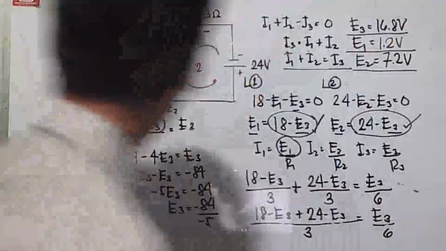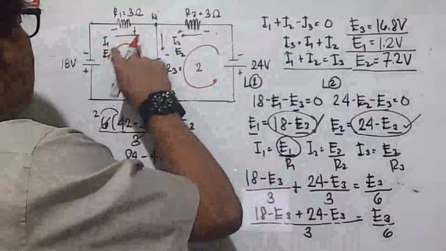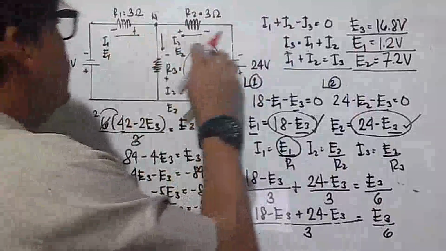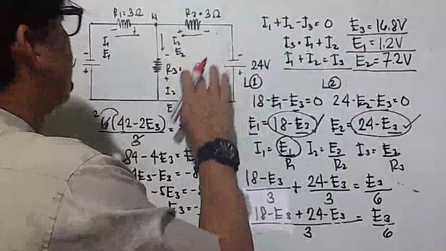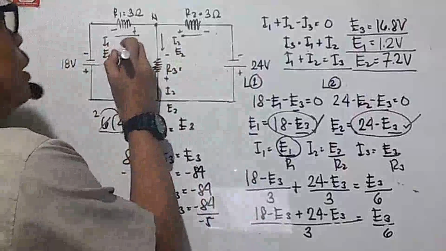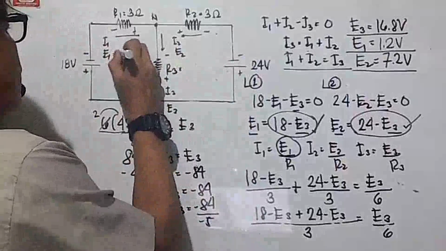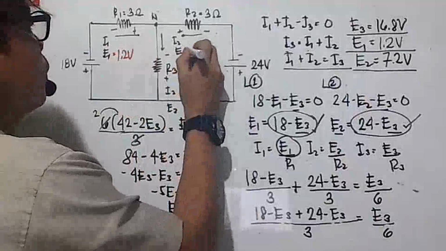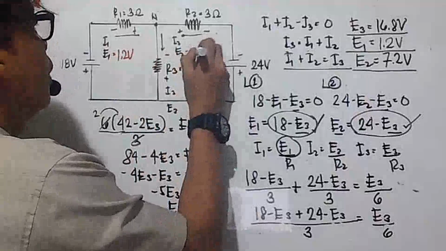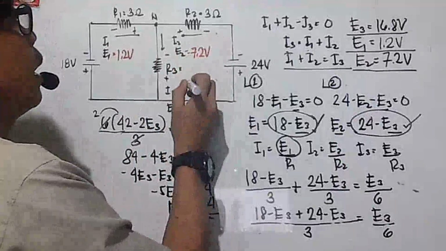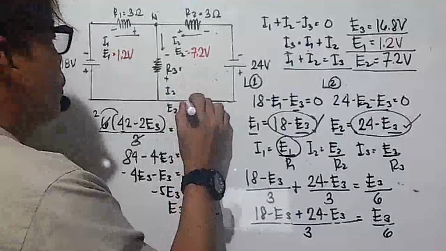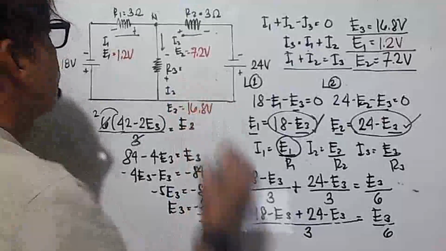I'll just erase the loop first. So your E1 is equal to 1.2 volts. Your E2 is equal to 7.2 volts. And your E3 is equal to 16.8 volts.